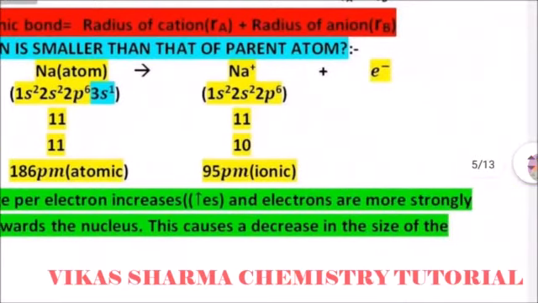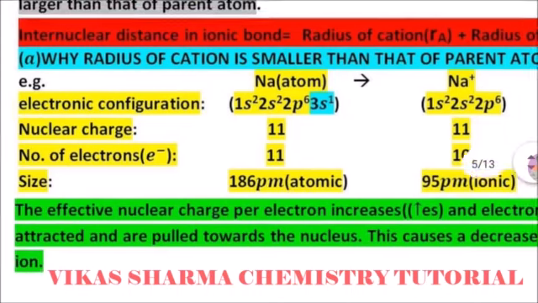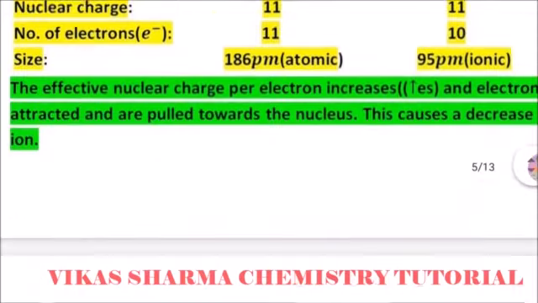This causes a decrease in the size of the ion. The protons are greater in number than the electrons. In the cation, sodium has 11 protons but 10 electrons, so the nucleus attracts the electrons more strongly, and the size decreases in the ionic condition.